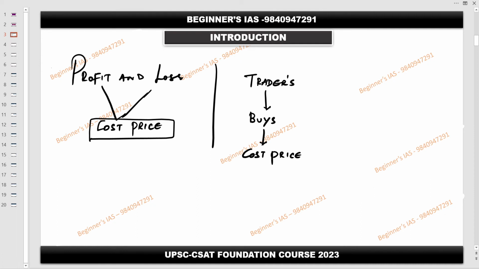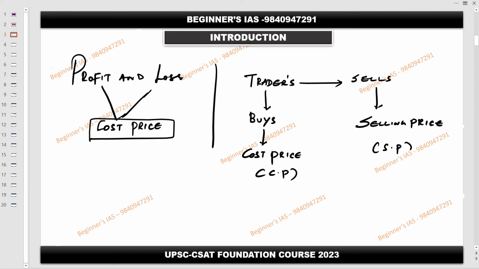Then the same trader sells some goods, which you can call an article, and that is nothing but the selling price. You are taking this as CP and this as SP: cost price and selling price.